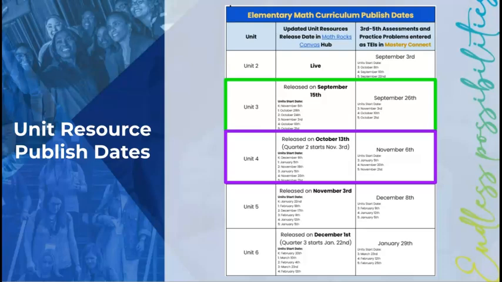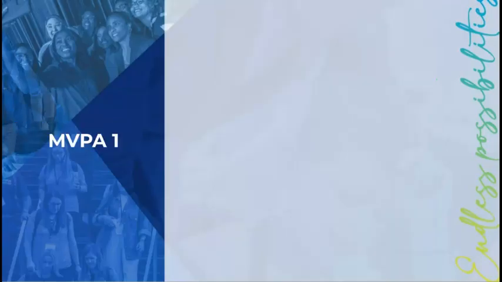There is a teacher workday on November 4th that could be used to unpack Unit 4 as a PLC if you choose. Or you can wait until the November 19th early release day asynchronous teacher PD. During this PD, we will dive into Unit 4, which addresses division concepts, and prepare for Unit 5, which addresses fraction concepts.